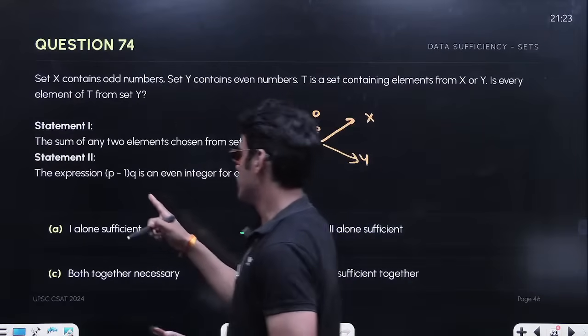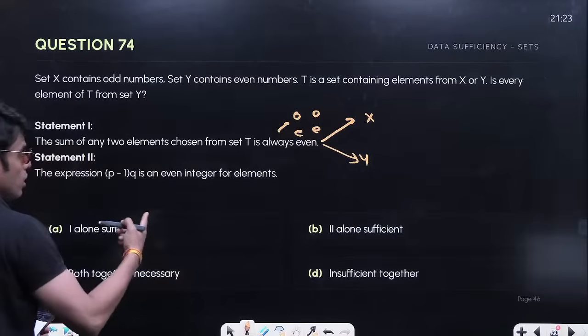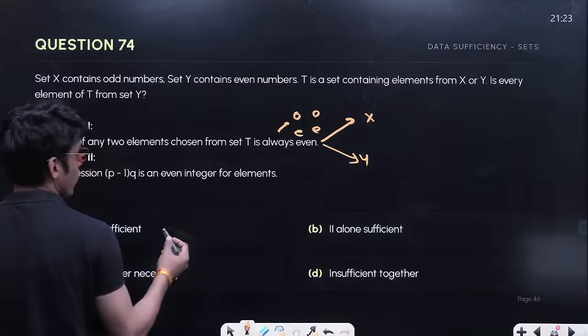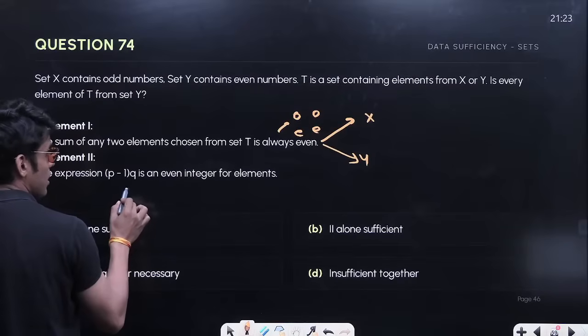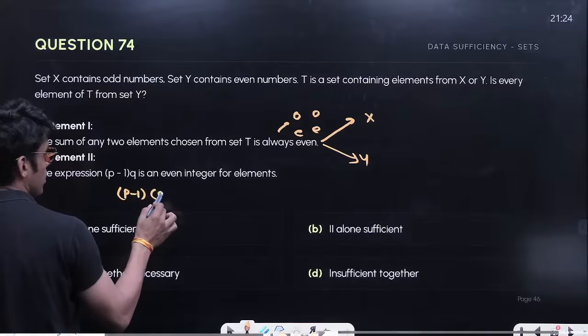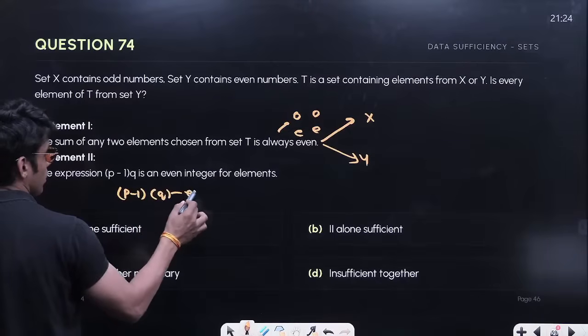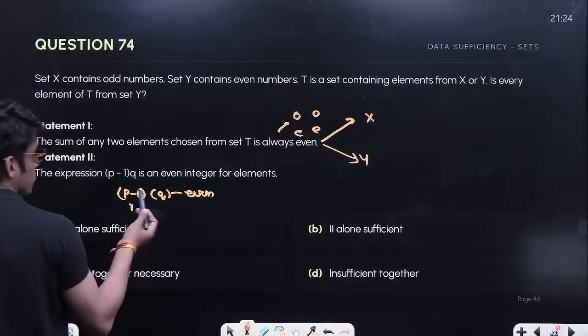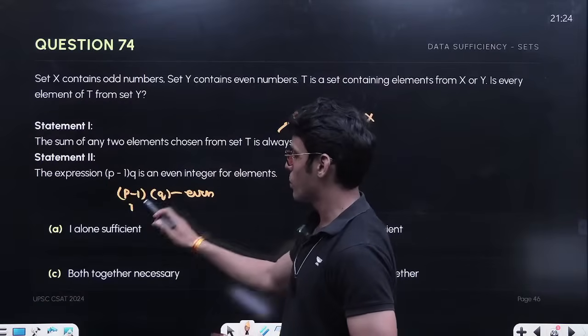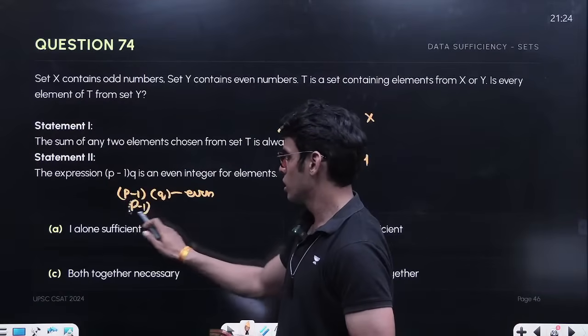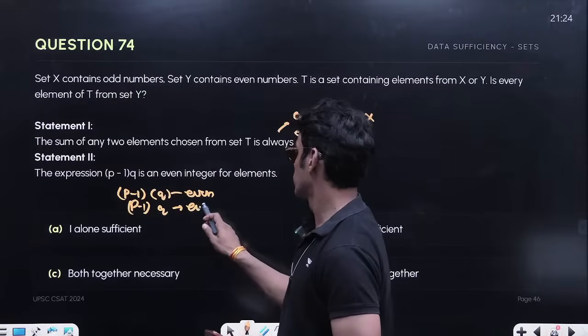Now, the expression P minus 1 into Q is an even integer for the elements. If all the elements are from X, then P minus 1 will become even and this will become even. If both of them are from Y, so both of them are even, this becomes odd, this still becomes even.